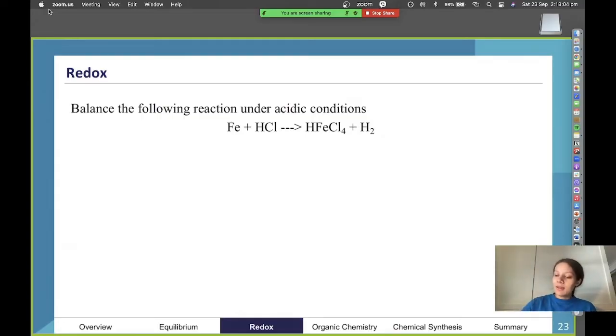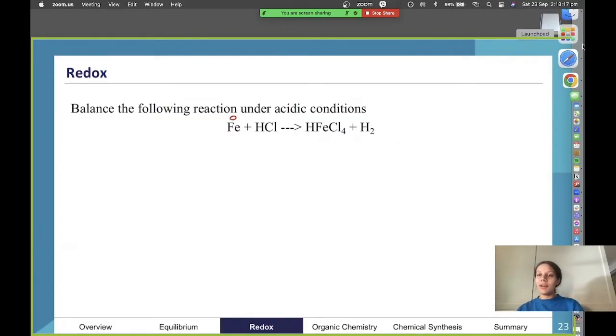So our Fe, our iron is just sitting there by itself and doesn't have a charge, so we assign it a 0. Then for our HCl, I might actually get up a periodic table.